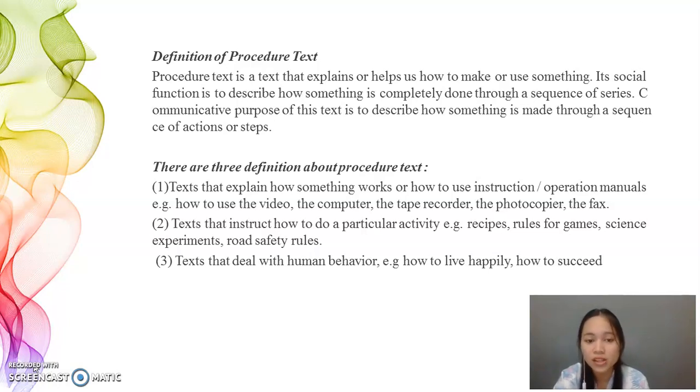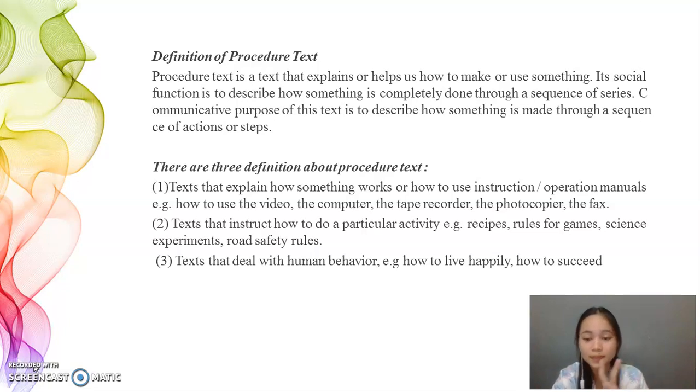There are three definitions of procedure text. First, text that explains how something works or how to use instruction or operation manuals, for example, how to use the video, the computer, the tape recorder, the photocopier, and the fax.